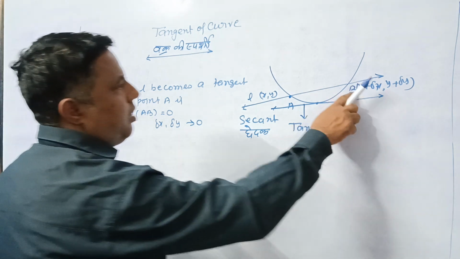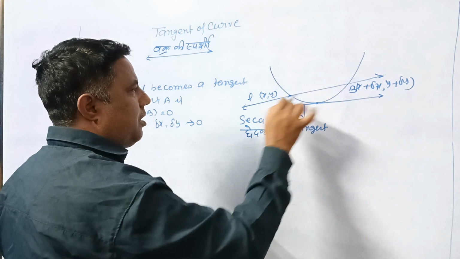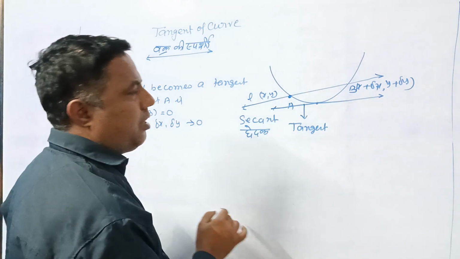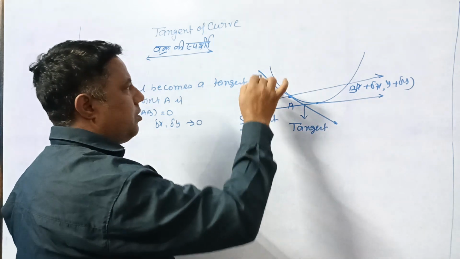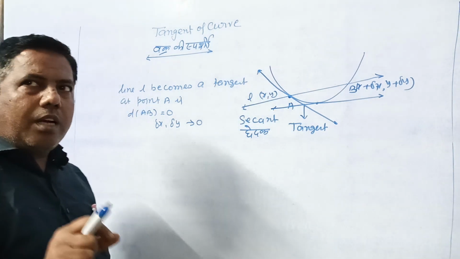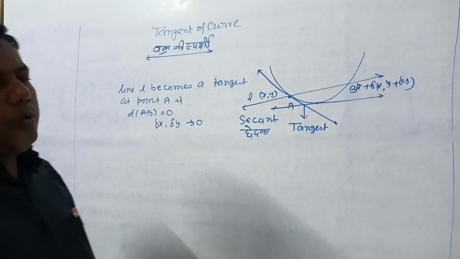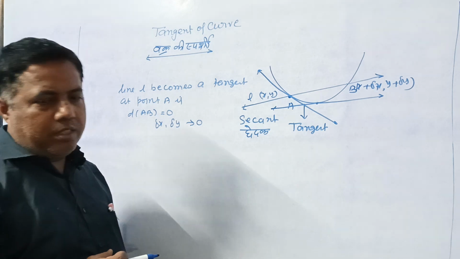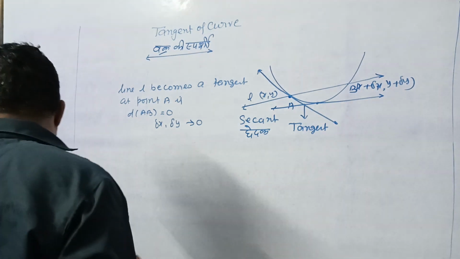If del x and del y turn to 0, then point B lies on point A, and the line is known as the tangent of the curve. So a tangent is a line that cuts a curve at only one point, known as the tangent of that curve.